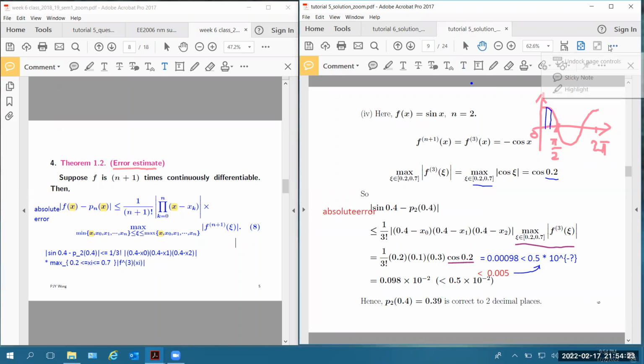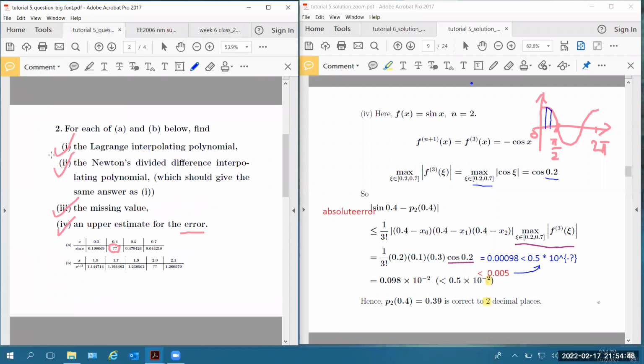So this 2 here is actually this 2. Right, so this one is done already, and we have completed the whole question.